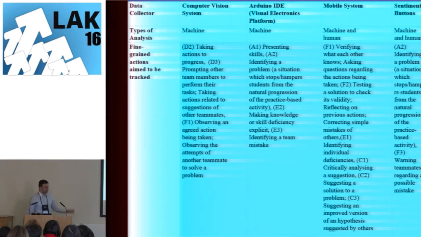And this table, again, another big one, but I will get into the details, shows the data collectors that we have at the top, which I have just presented, and it also shows the fine-grained actions that we have identified, and we aim to observe using these learning analytics systems.